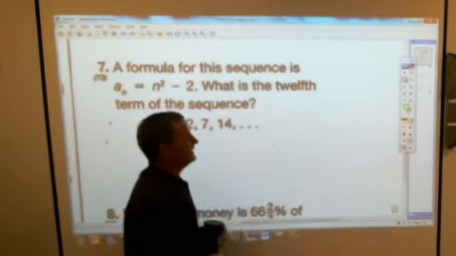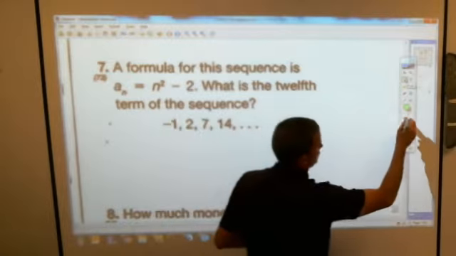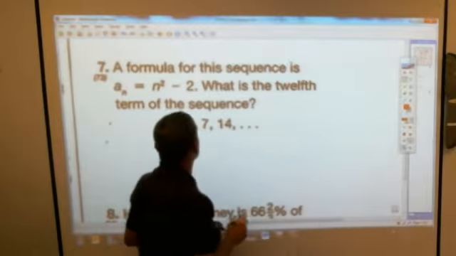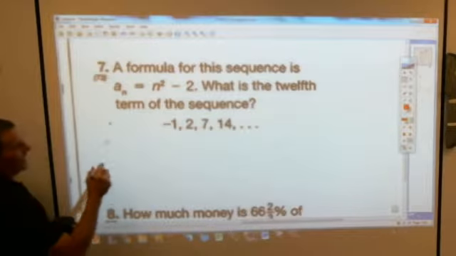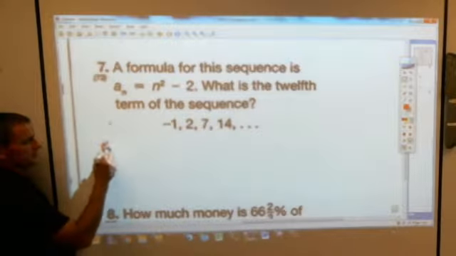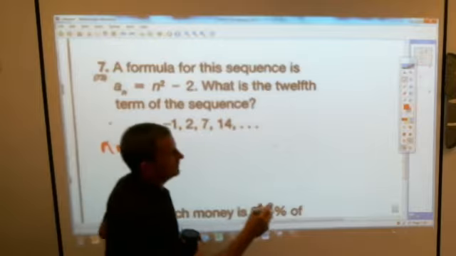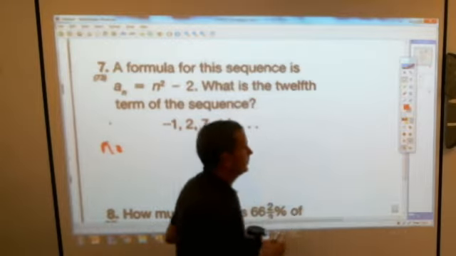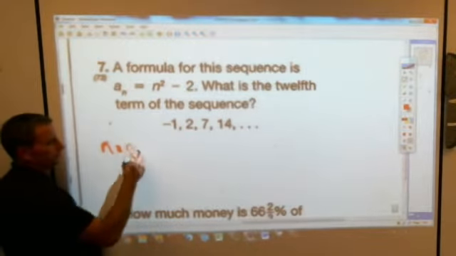When you talk about sequences, children, ladies and boys and girls, the letter n is the number of the term.